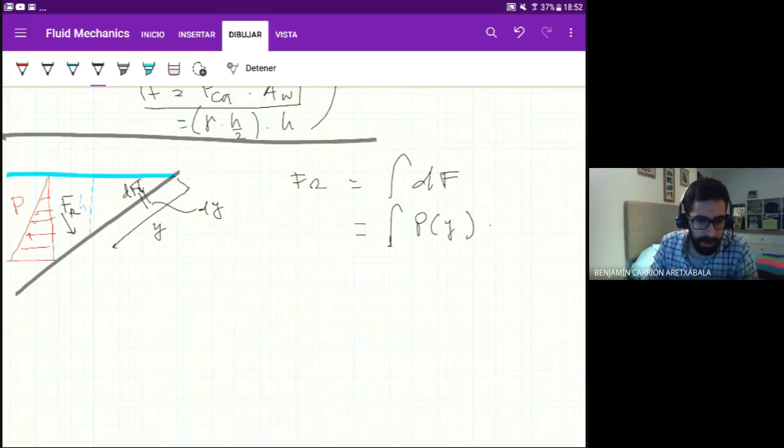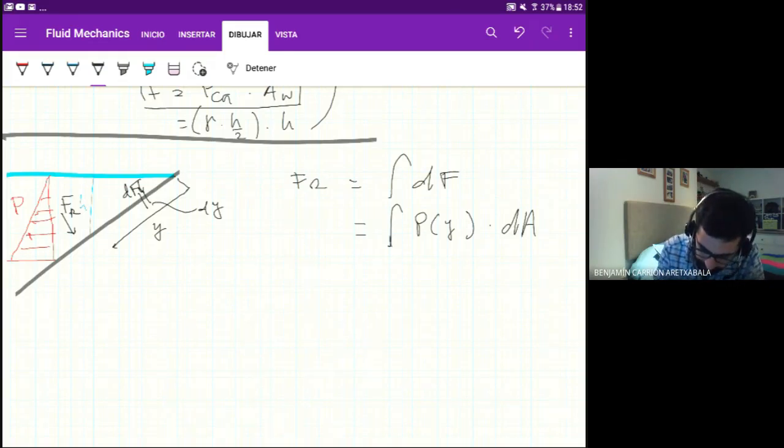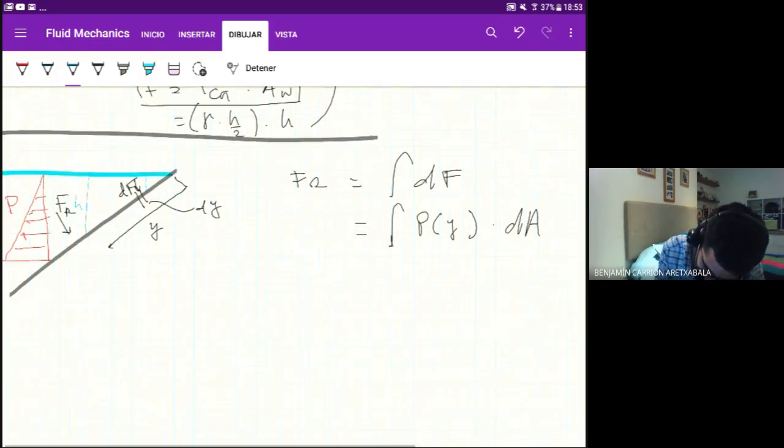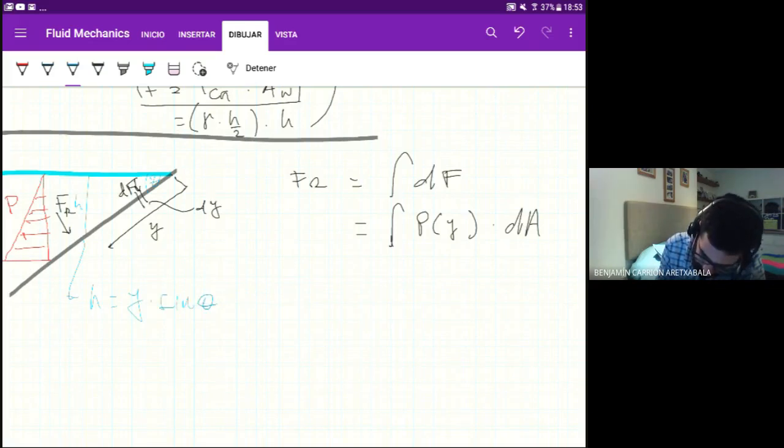If we have a position y, then h, and let's say this angle here is theta, h should be y times sine theta. Therefore, the pressure at one point y would be gamma times h.